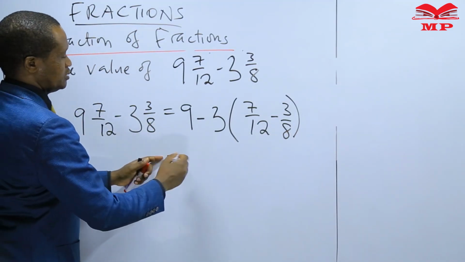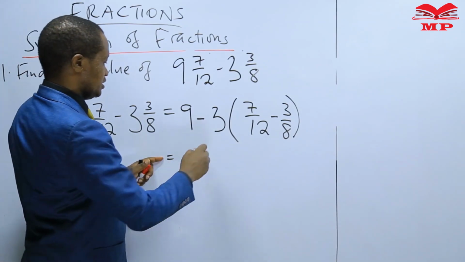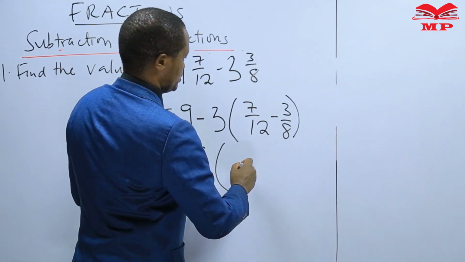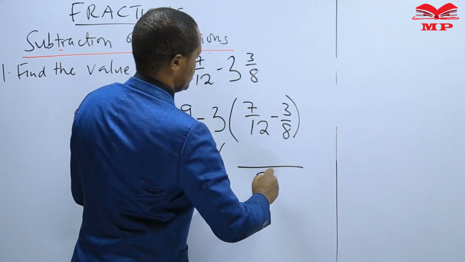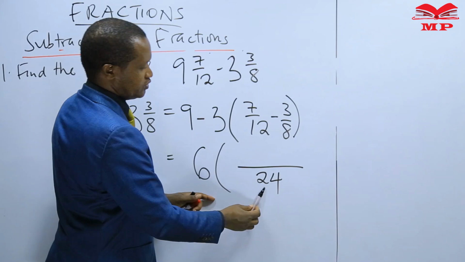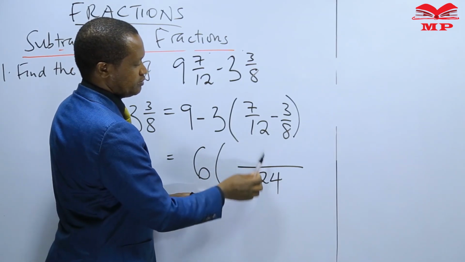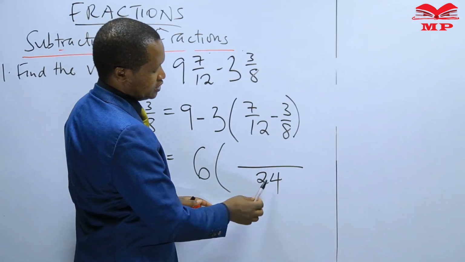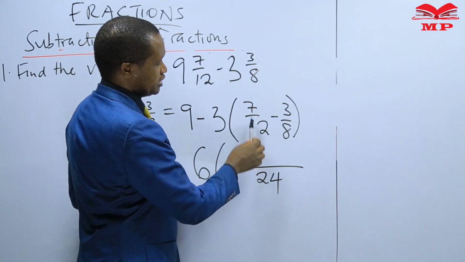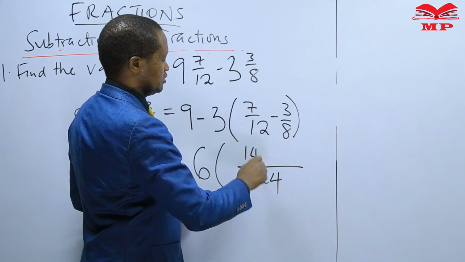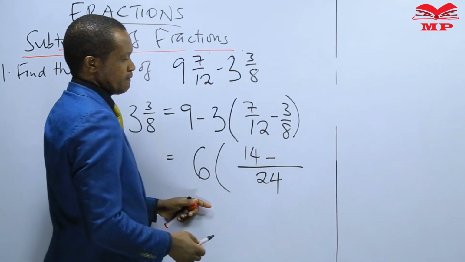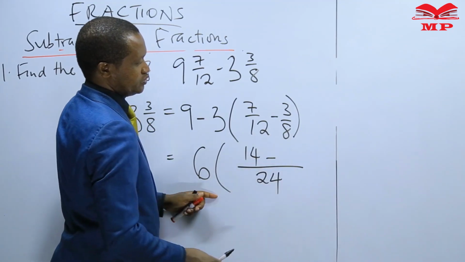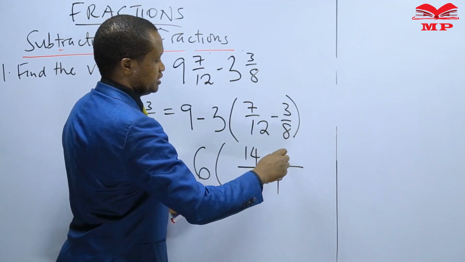So 9 minus 3 is equal to 6. The LCM of 12 and 8 is 24. 24 divided by 12 is equal to 2. This, 2 times 7, 14, minus 24 divided by 8 is equal to 3. 3 times 3 is equal to 9.